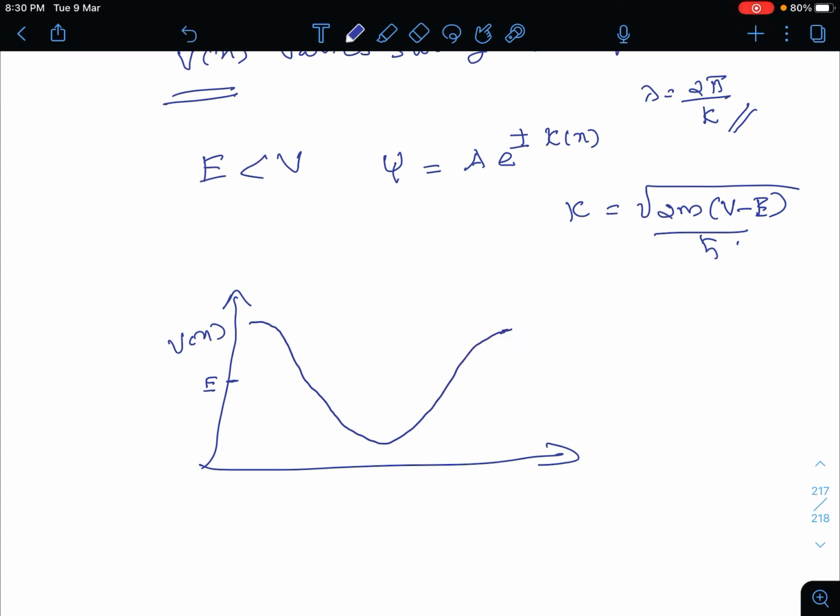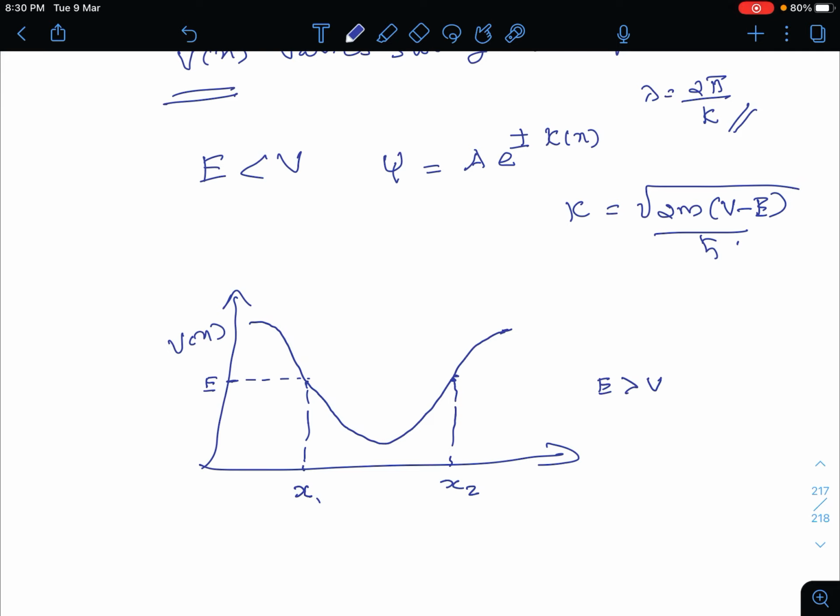Here we know that the potential is not a constant. Now there are 2 points where E is equal to V, and in between these points, let us say x1 and x2, E is greater than V, obviously.